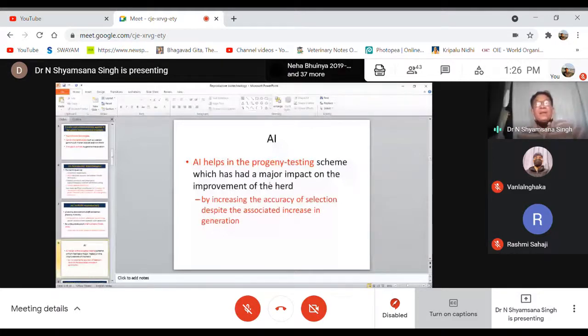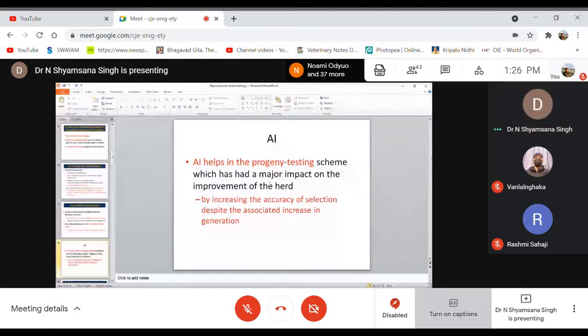Multiple ovulation and embryo transfer is MOET, which is mainly used in case of nucleus breeding schemes. Here we increase the number of offspring, especially from the female, because females otherwise produce few offspring in their lifetime. By using multiple ovulation from a particular superior female, we can have more offspring.